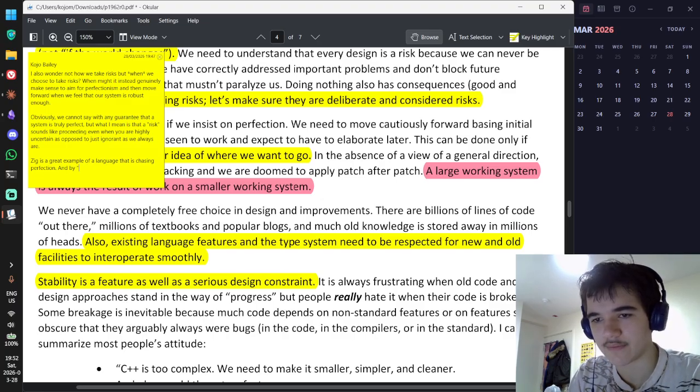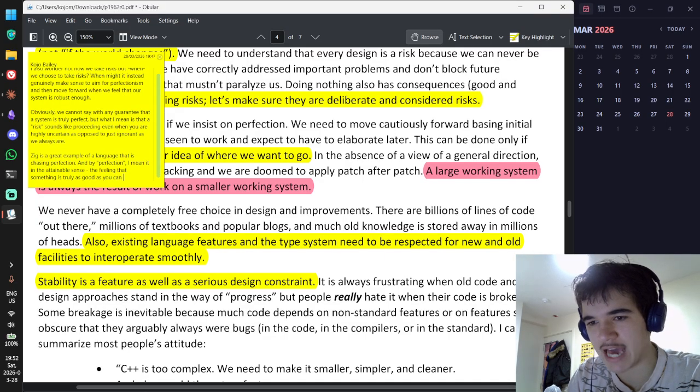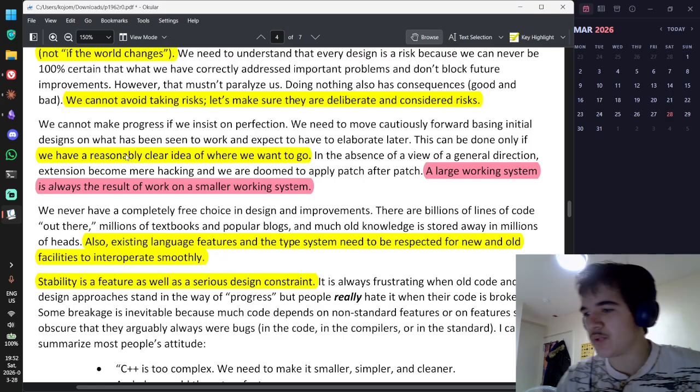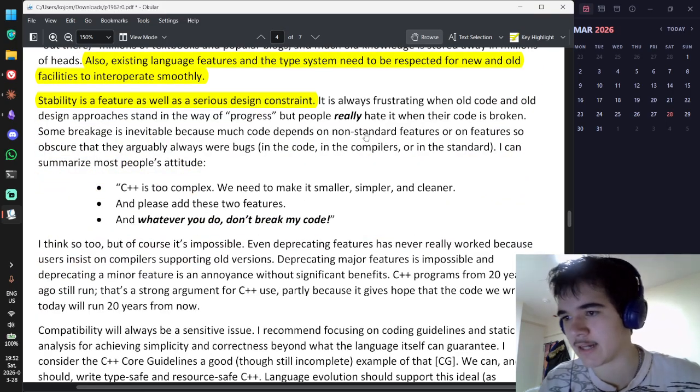And by perfection, I mean it in the attainable sense: the feeling that something is truly as good as you can possibly make it with your current knowledge. I do wonder if there's a word for that, but I'll come back to that later.